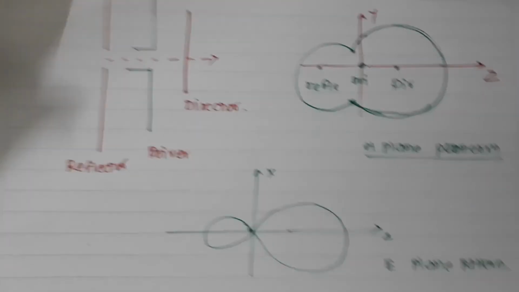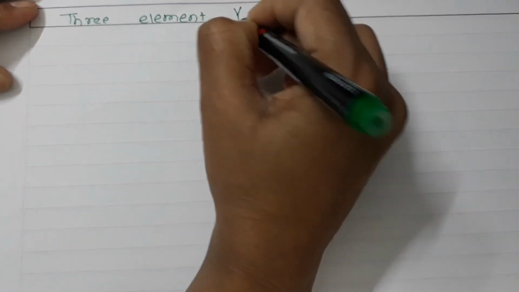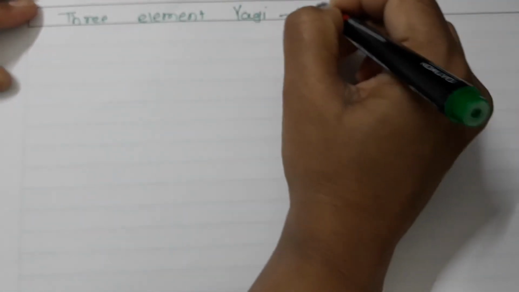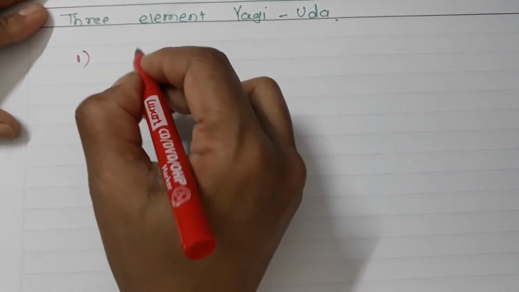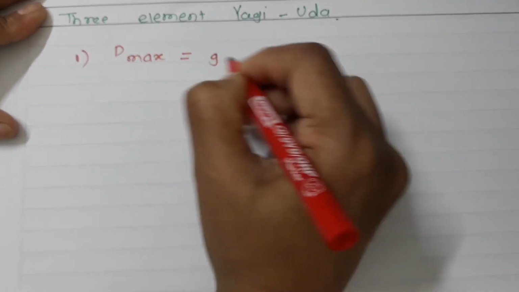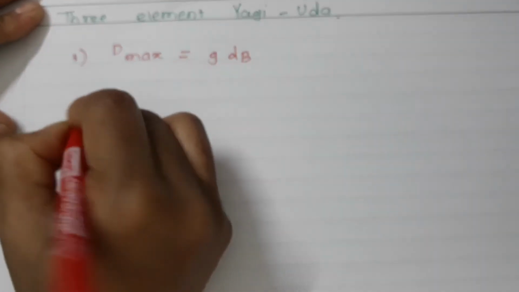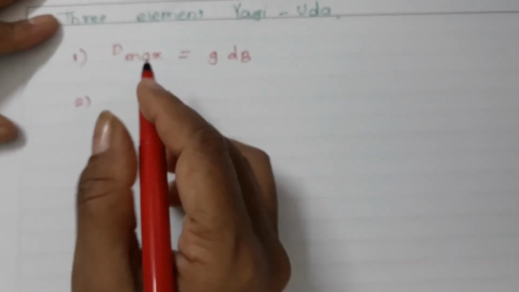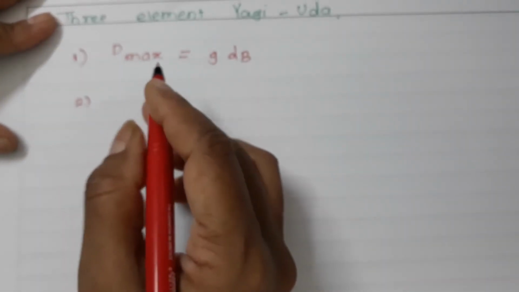Now for a 3-element Yagi Uda antenna, the following points must be remembered. You can say the maximum directivity obtained is about 9 dB. Next is the optimum spacing for maximum directivity.